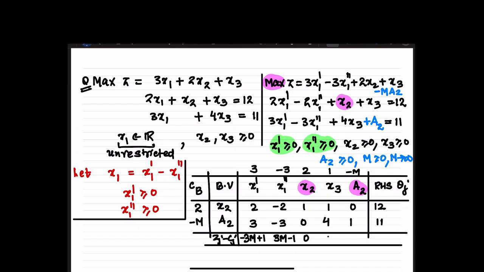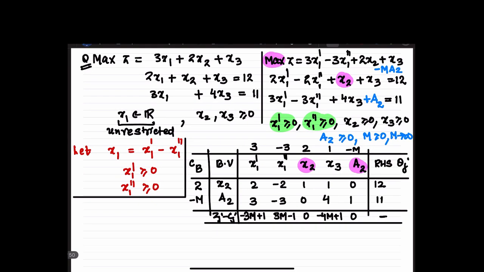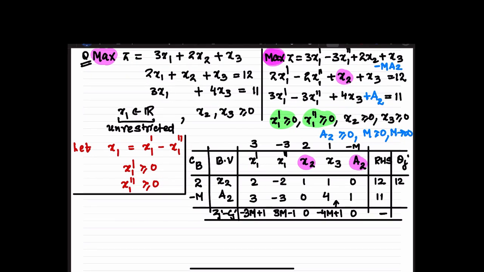This is 0. For x3 you have minus 4M plus 1. For a2 you have 0. This is left empty. Now for a maximization problem, the variable that enters is the most negative. So the most negative is this value, so x3 is entering. Theta j is, this is 12.